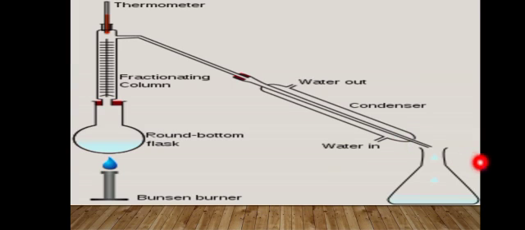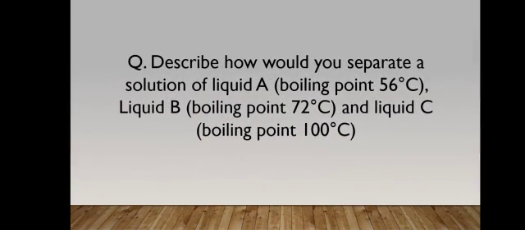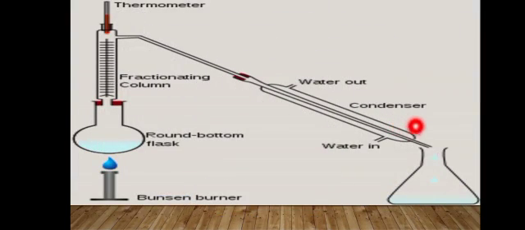Afterwards, I will remove this flask and place another new flask over there. I will not stop the process of heating. The liquid continues to boil. Is that clear? And at boiling point 72 degrees Celsius, I will collect liquid B in this flask or beaker.